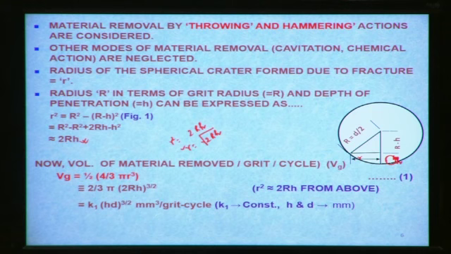This is the volume of material removed in cubic millimeters per grit per cycle. Here K1 is the constant, and h and D are expressed in millimeters.